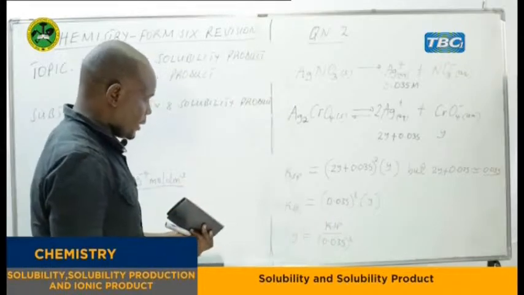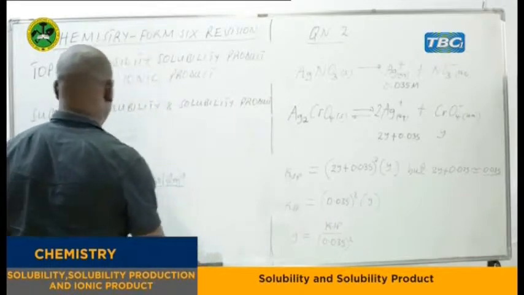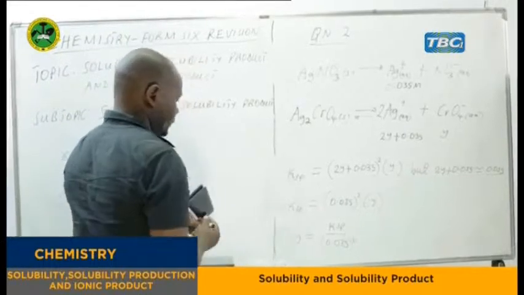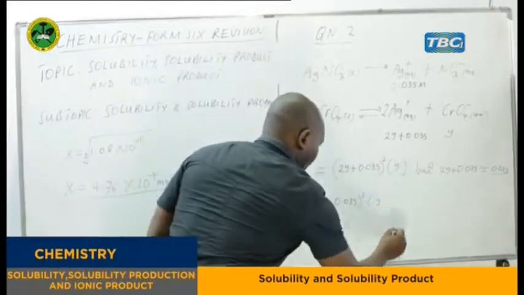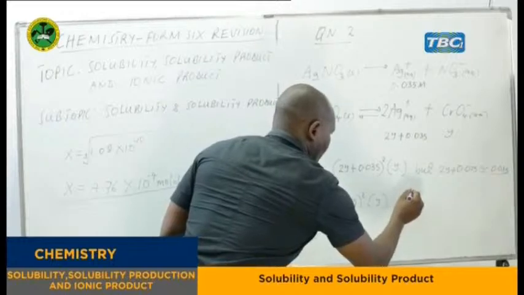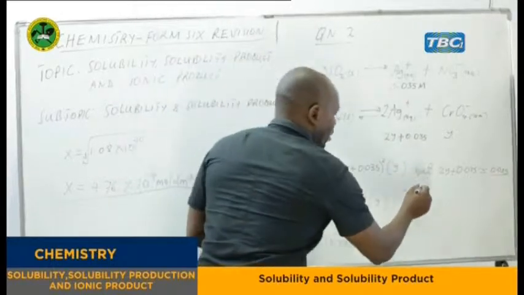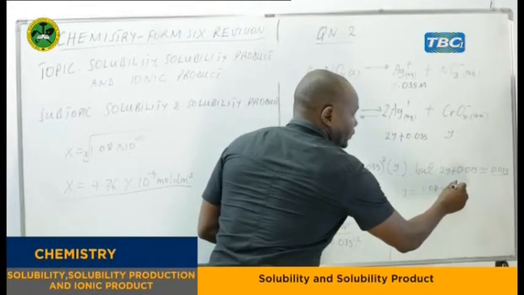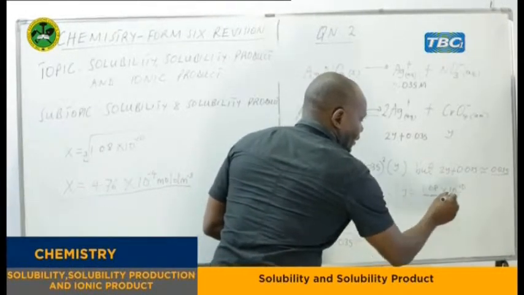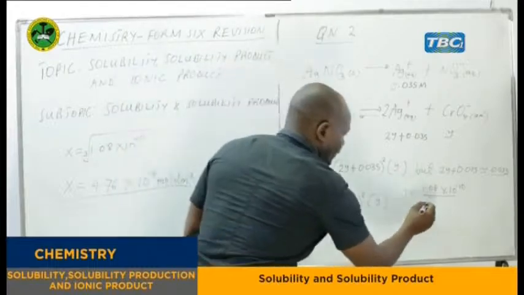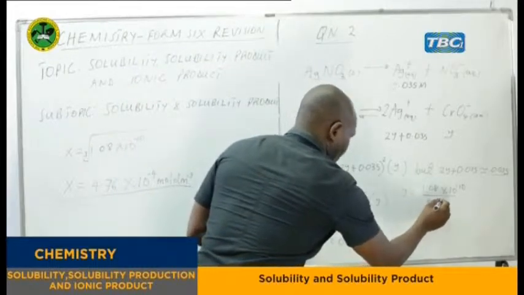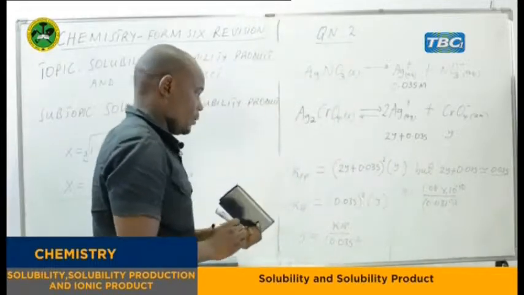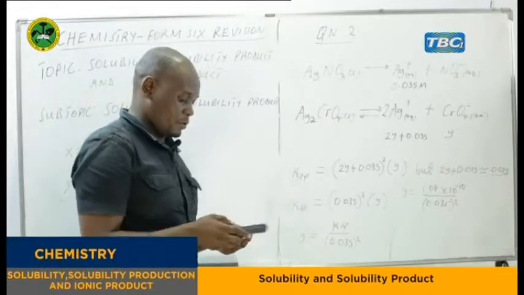Now use your calculator. The Ksp is 1.08 times 10 power negative 10, divided by 0.035 squared. So take it now and feed it into your calculator.